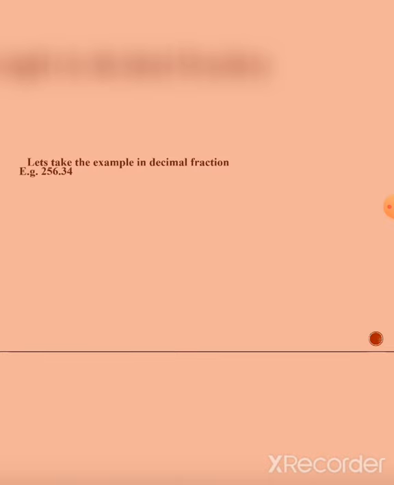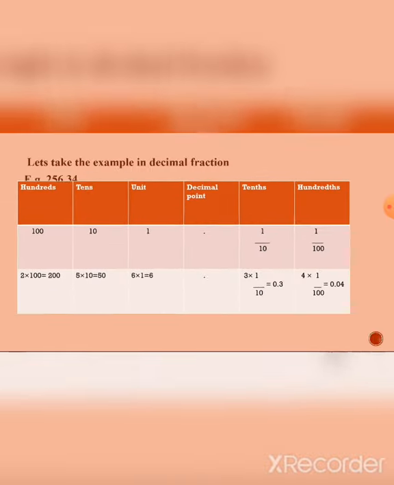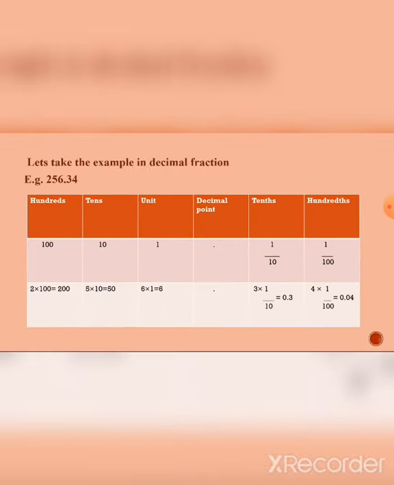Another number is there which is 256.34. Now students, here I have made a column. You can see and write the place value. So now we will write each of the numbers to their right place.